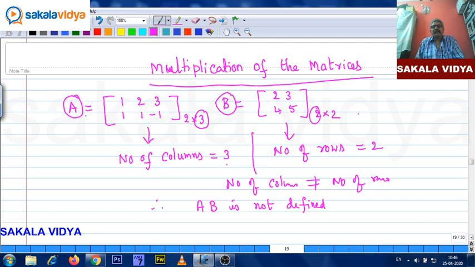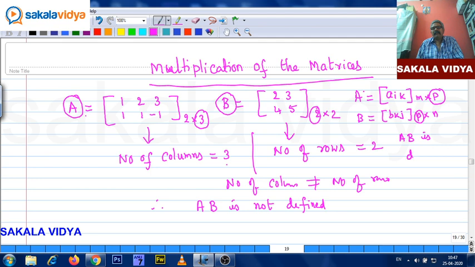So, in order to multiply, for example, A is equal to Aik, of order m by p, and B is equal to Bkj, of order p by n. You check it now: number of columns of the first matrix A equals number of rows of the second matrix B, then AB is defined.